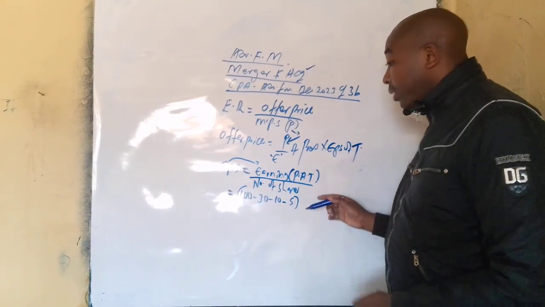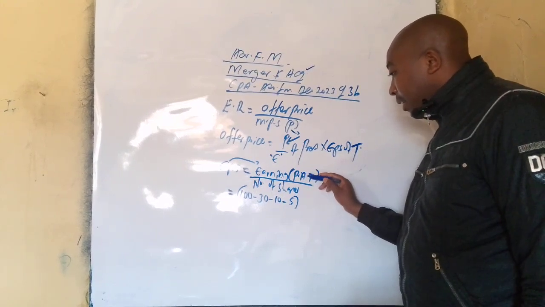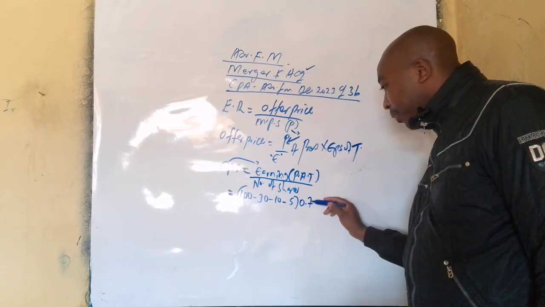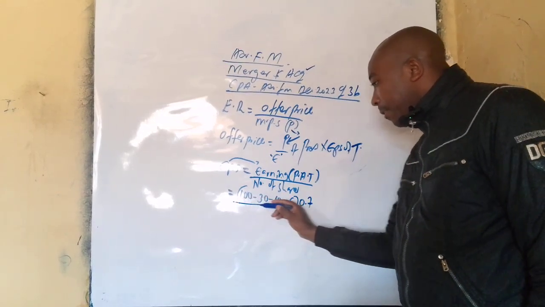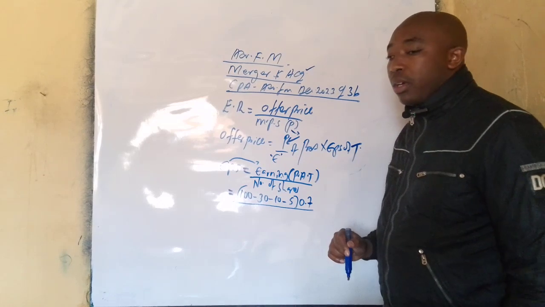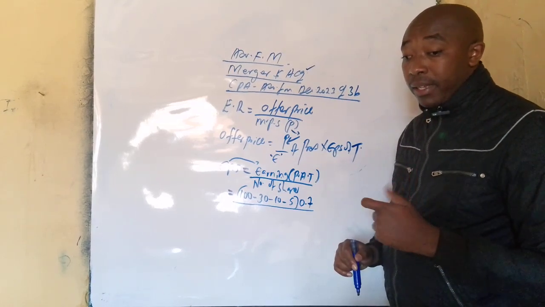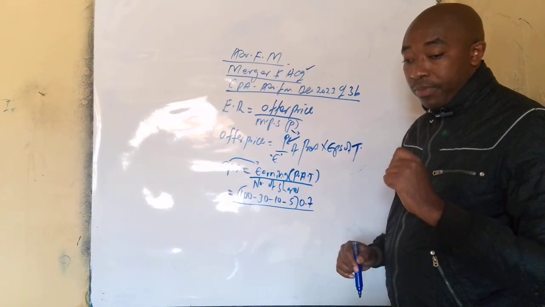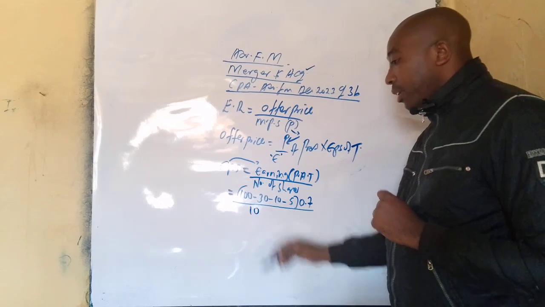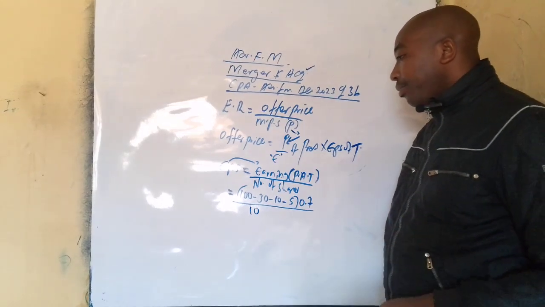What I'm going to get, so that I can get profit after tax, I'm going to multiply with the 1 minus tax, which is 0.7. Then I divide by number of shares in this company. The number of shares in this company, we have 10 million shares.